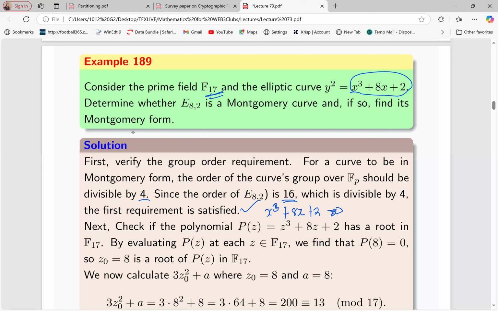For this you can use Rust code. So what will the Rust code be doing? It will be checking values between 0 and 16, mod 17, checking which value, if placed here, would give you 0.